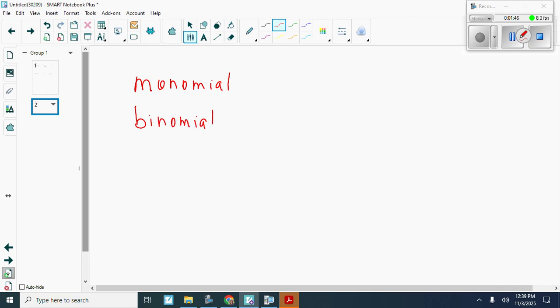Our next unit is actually about polynomials, so these are just our fancy words. A monomial just means that there's one term. It could have a coefficient and some variables, but everything in that term is connected by multiplication. So for example, 2x, that's a monomial.